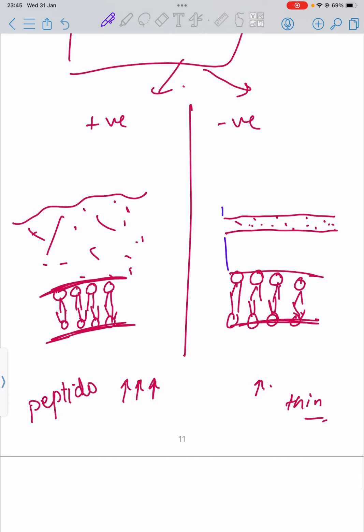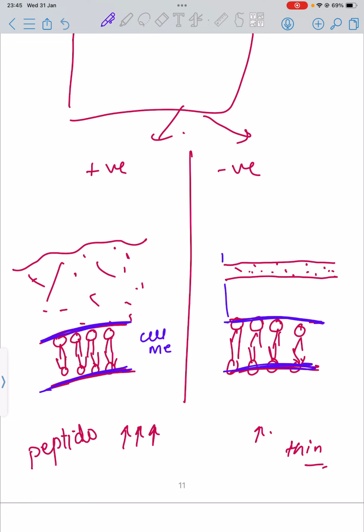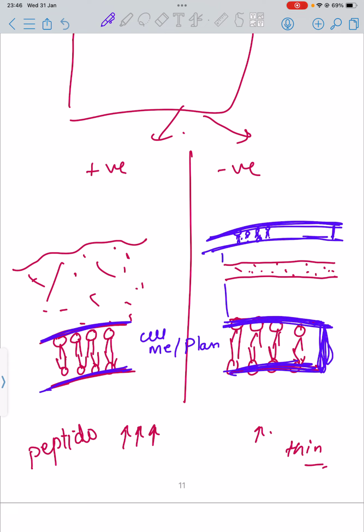So basically, gram positive bacteria just have one cell membrane. But gram negative, in addition to the cell membrane or plasma membrane, have one outer membrane too. So similar to this plasma membrane, they have an outer membrane, and the space which lies between the actual cell membrane and the outer membrane is known as the periplasmic space.